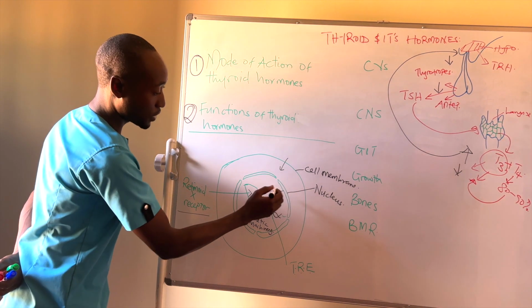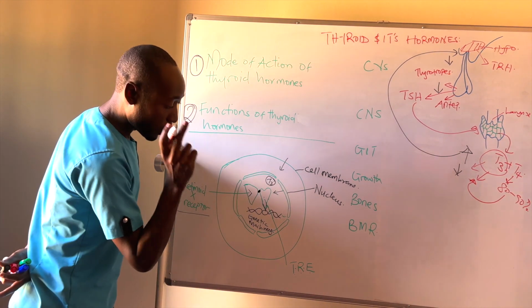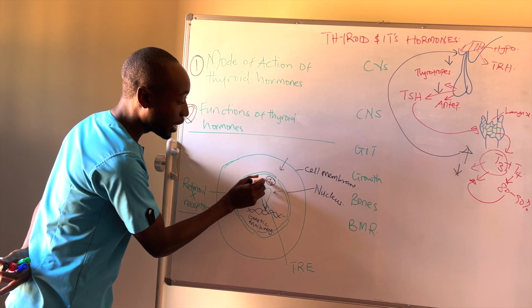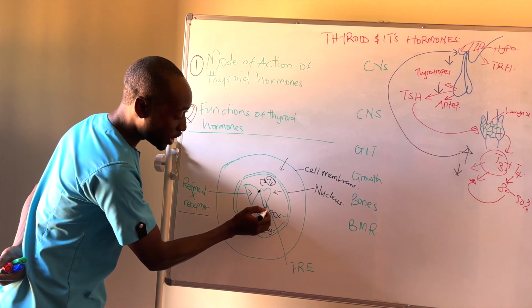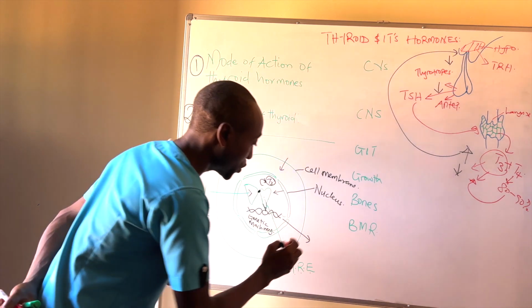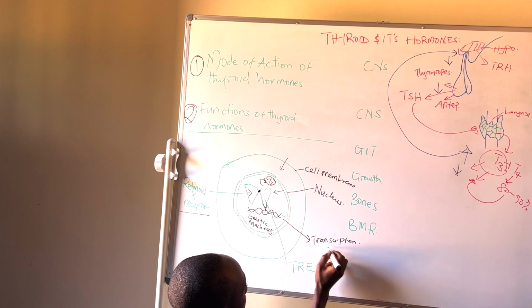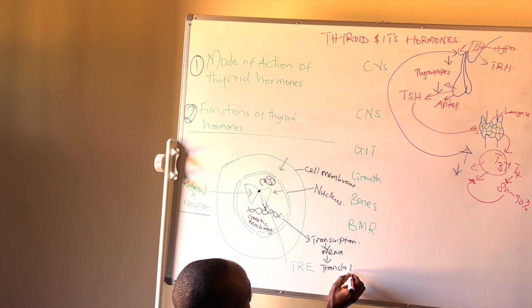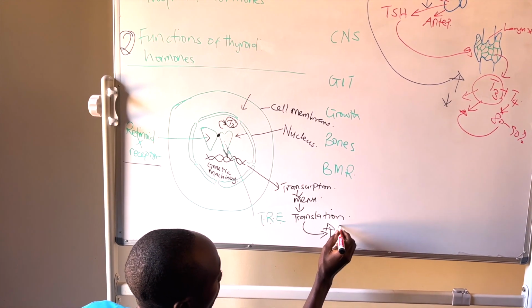It means that when these hormones come, T3 specifically, because we've said it is the active form, due to the fact that this receptor has a very big affinity for T3, when it binds to this, it is going to induce transcription of mRNA, and this also will lead to translation, and therefore we are going to have increased production of different proteins.